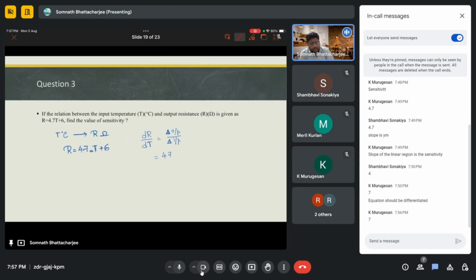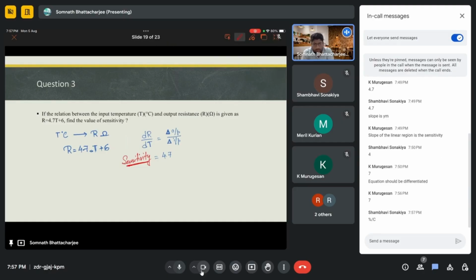Because sensitivity can't be a unitless property. Sensitivity has to have a unit, right? Yes, percentage per degree C. Okay, others?